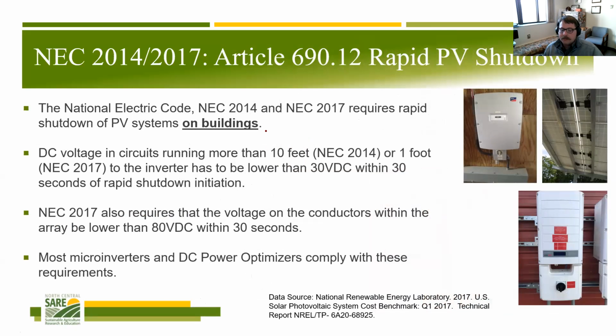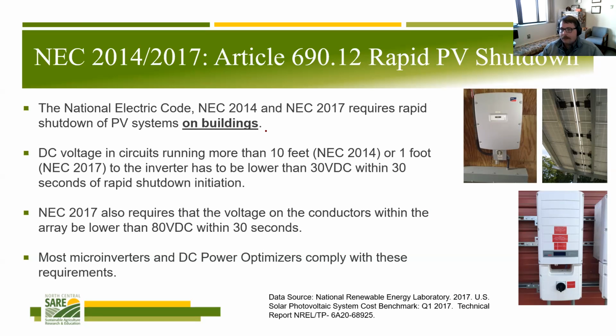Rapid shutdown has become an important consideration. Obviously, the electric code is always a consideration, but rapid shutdown has changed how systems look because we have to be able to shut down up at that solar panel level. And so what it's led to is that most roof-mounted systems are microinverters or the optimizers, the hybrid systems, and only ground-mounted systems are string inverters.